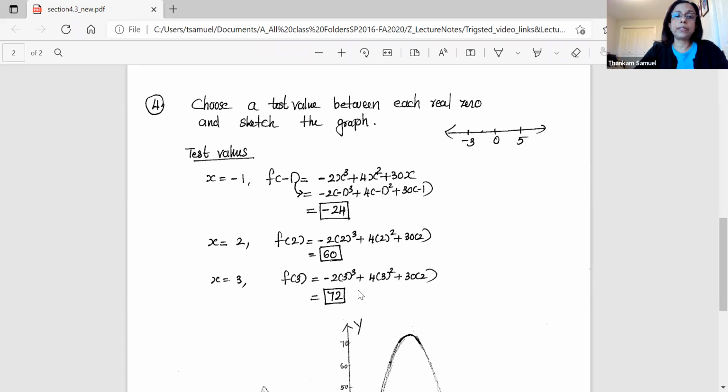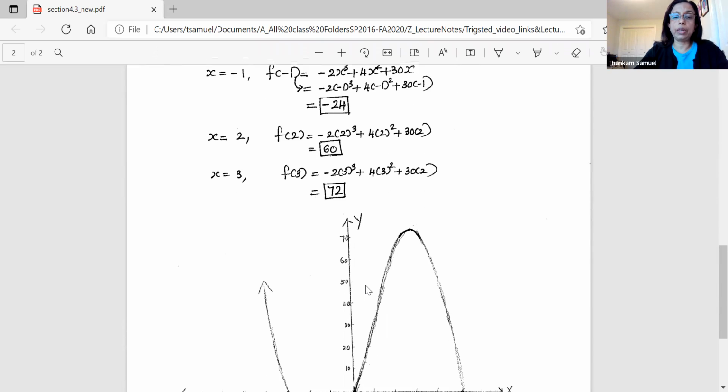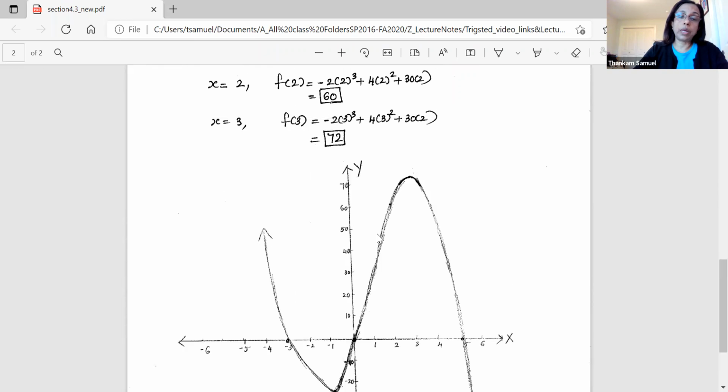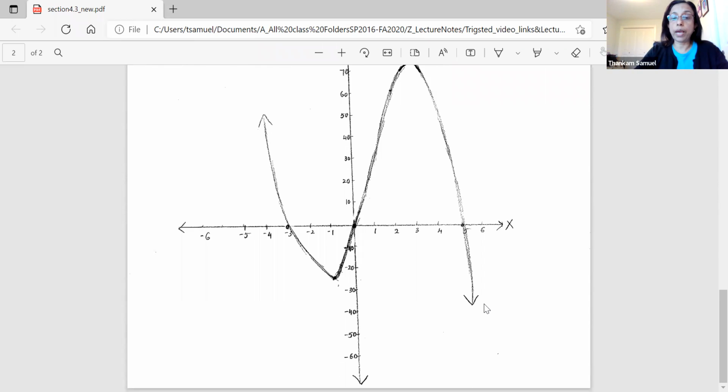Okay, let's sketch the graph. First we need to plot the zeros, that is -3, 0, and 5. The graph crosses the x-axis at these points, and the end behavior is that the graph rises to the left and falls to the right, or starts up and finishes down.